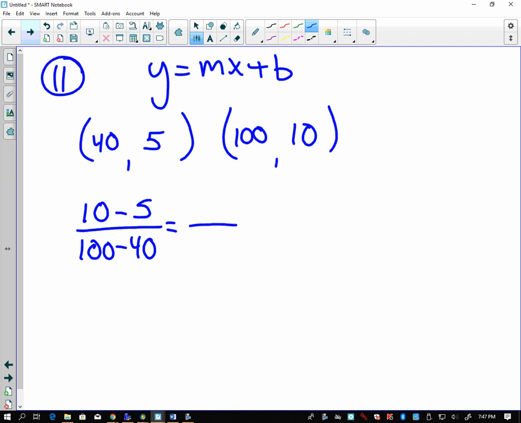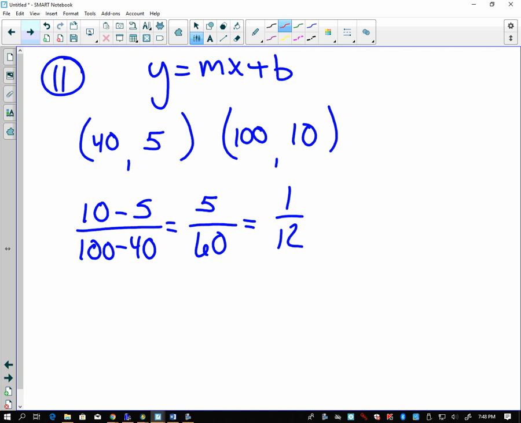That's going to give me 5 over 60, which should reduce to 1/12. So that gives me my slope of 1/12.